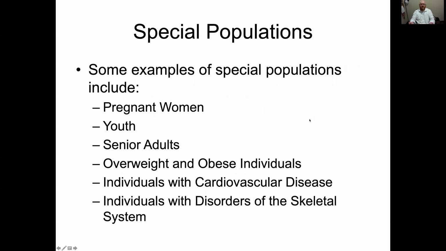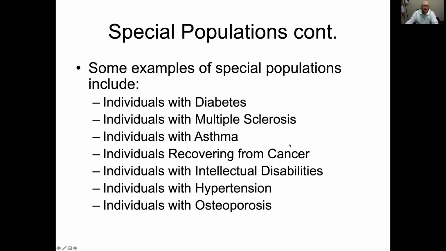So here's some examples of the special populations we'll talk about. We'll cover most, if not all of these during the semester. Pregnant women, youth, how do we deal with them? Senior adults, people that are overweight and obese, cardiovascular disease, disorders of the skeletal system, diabetes, multiple sclerosis, asthma, people recovering from cancer, individuals with intellectual disabilities.